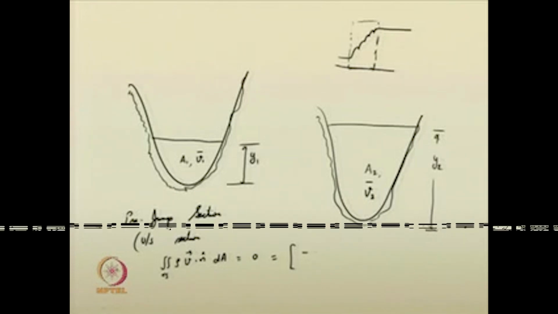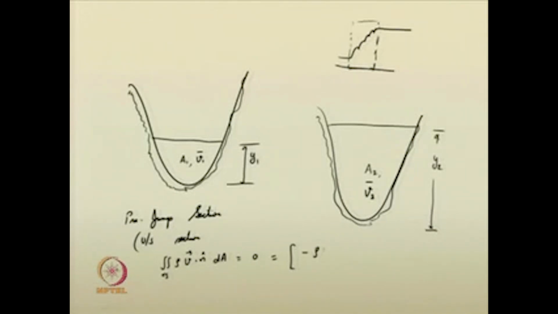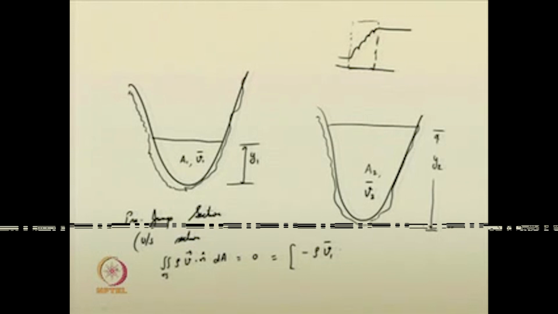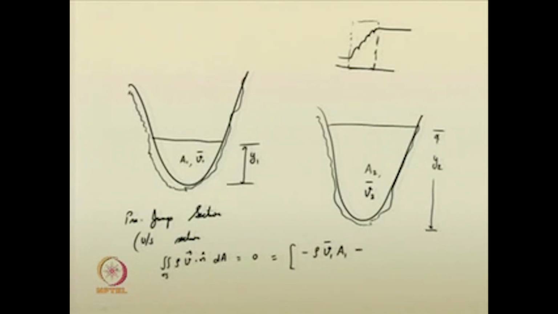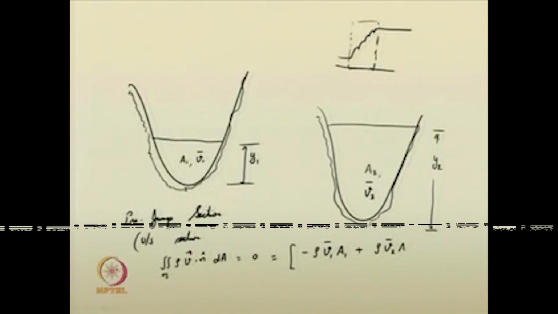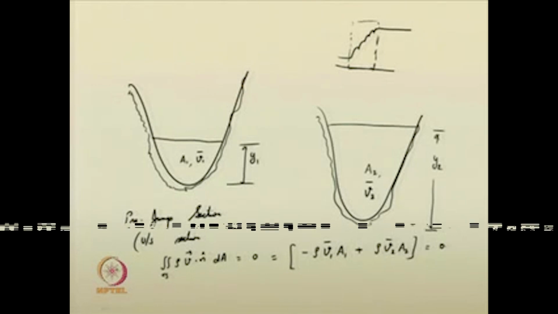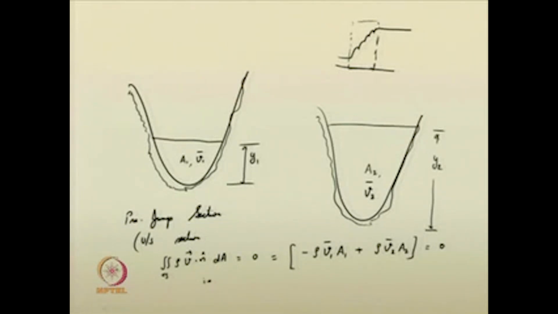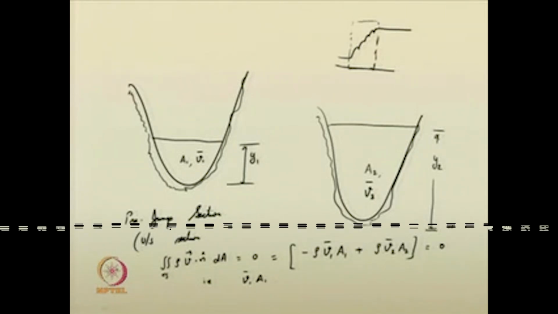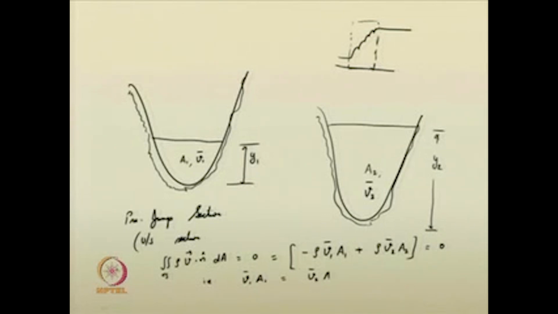So, I can write this quantity now as rho v 1 bar A 1 plus rho v 2 bar A 2 is equal to 0. That is v 1 bar A 1 is equal to v 2 bar A 2. This is equal to discharge Q.